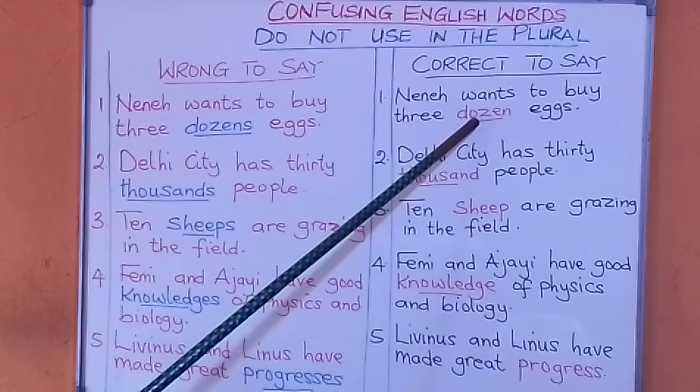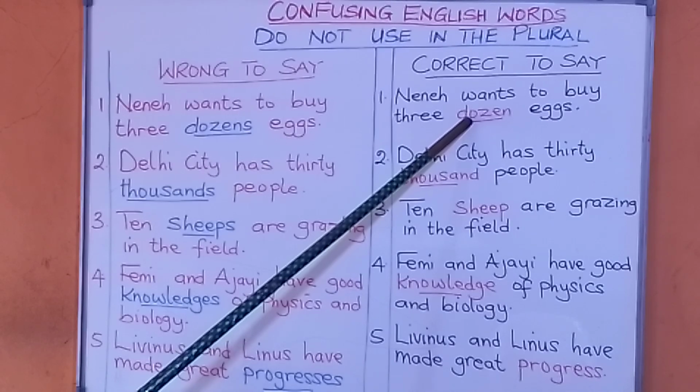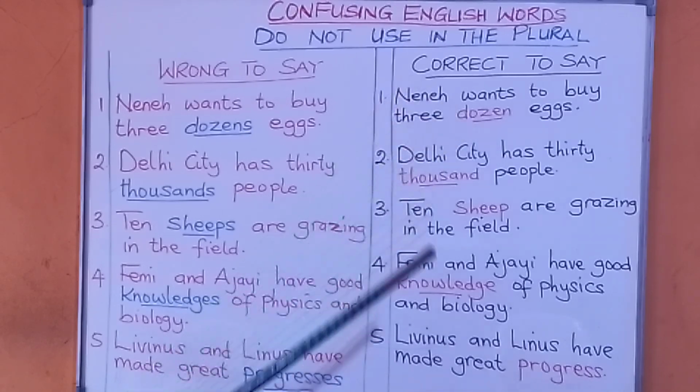However, when the word dozen is not preceded by a numeral, like 3, 4, 5, 10, 20, 50, 100, 1000, or by a, the plural form is used. For example, you can say, there are dozens of eggs.